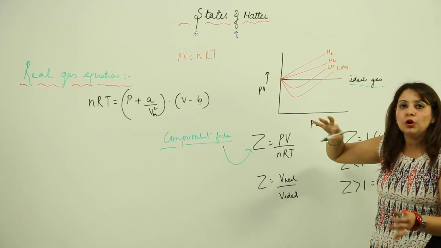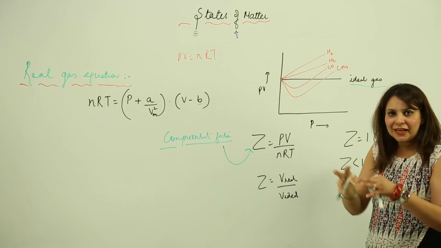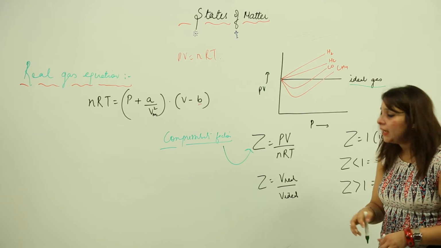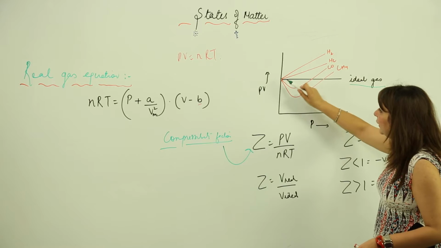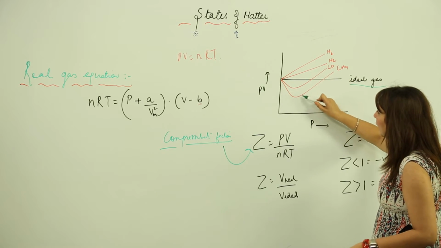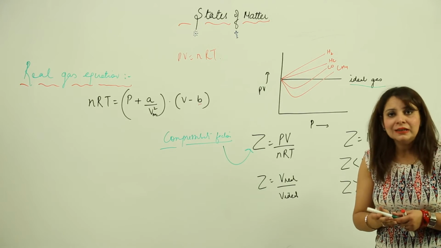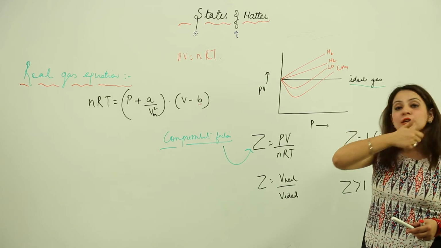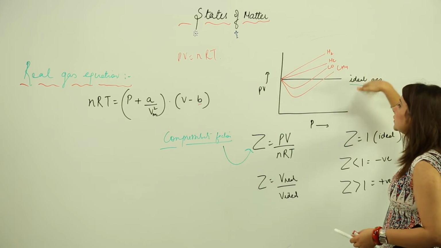At this point they are all coinciding, so they are behaving ideally, but as we increase the pressure, the PV value decreases and then increases. So PV is not constant in this case, and real gases are deviating from ideal behavior.